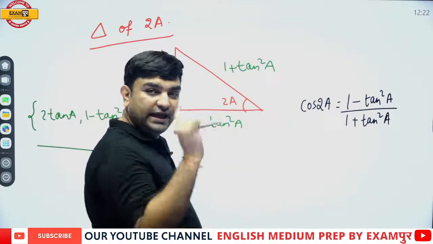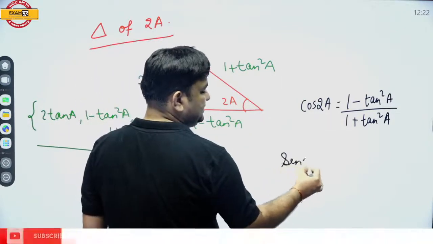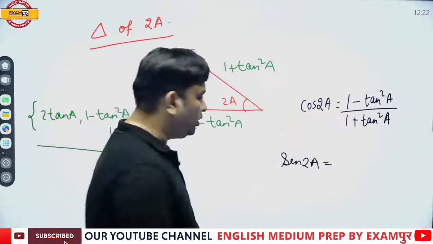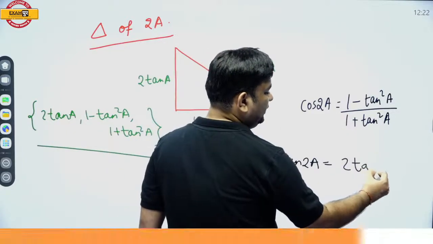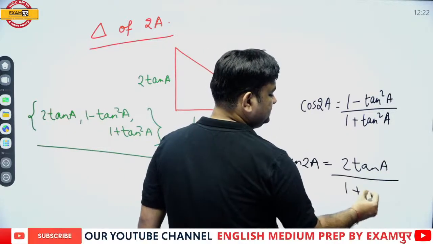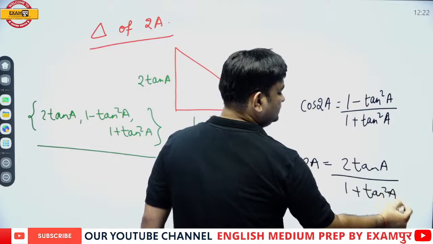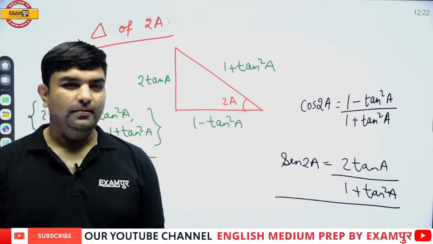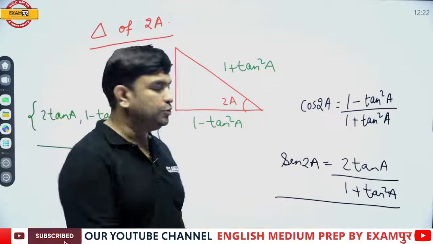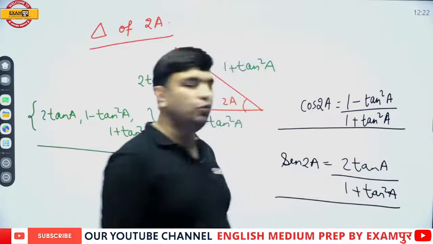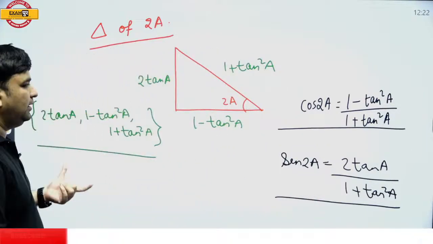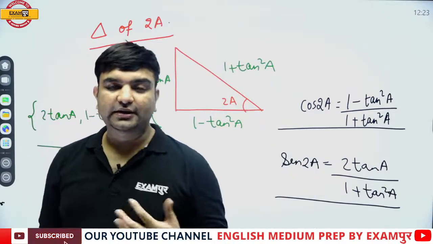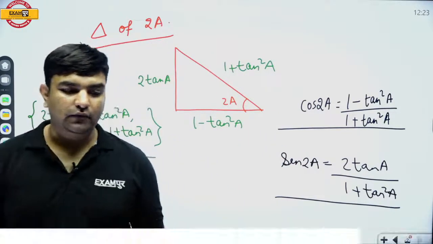Similarly, sin 2A is perpendicular over hypotenuse, 2 tan A upon 1 plus tan square A. You should be knowing all these points about cos 2A, sin 2A, tan 2A.